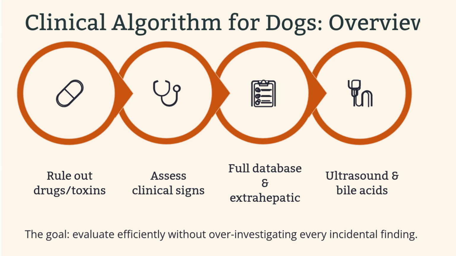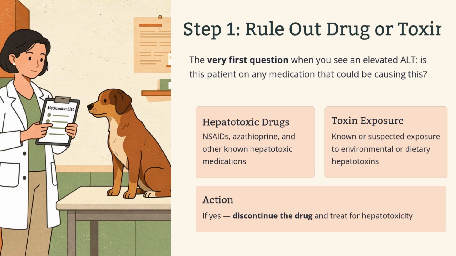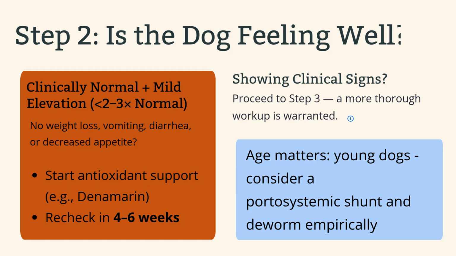If the patient is on any medication that could have hepatic effects, like an NSAID or azathioprine, or some kind of toxin exposure, you want to try to discontinue that drug, if it is a drug, and treat for hepatotoxicity if you can remove something that you think is causing it. The second step would be to ask yourself, is the dog feeling well?